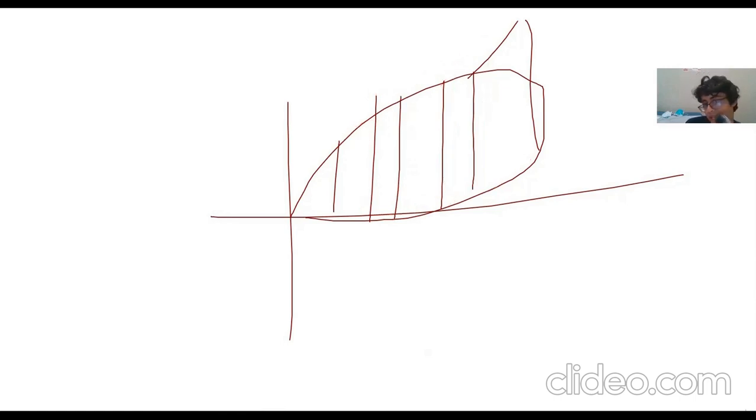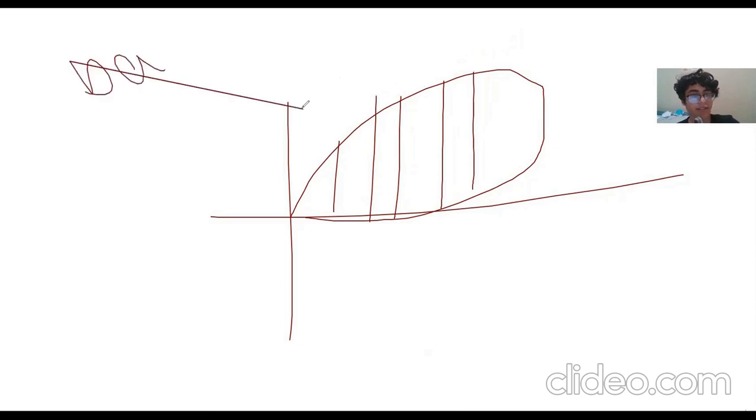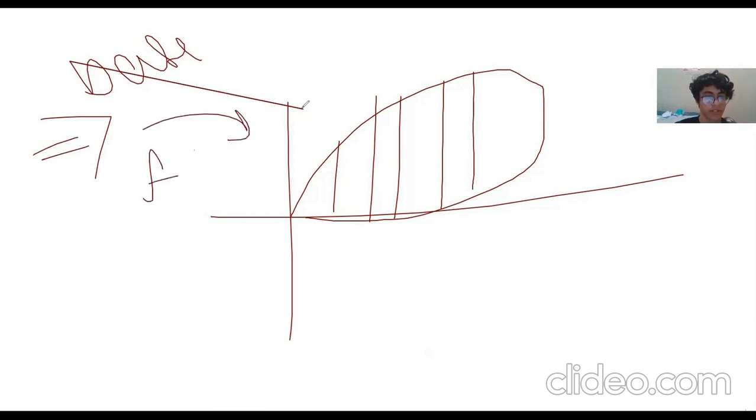They won't be rectangles, because that won't give you enough information to solve the problem. They'll say: find the volume of a solid whose base is a function.